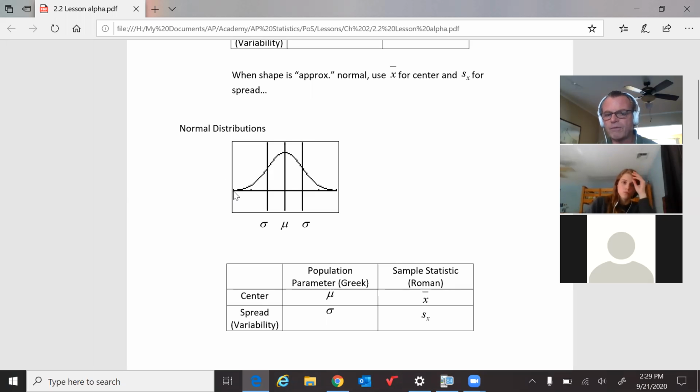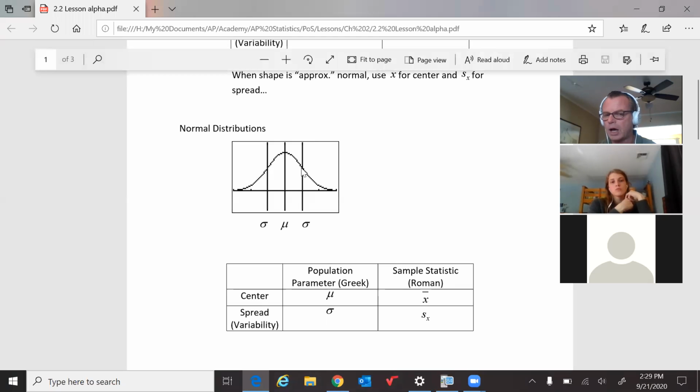If I go from the left, this curve is opening up, and when you get to this vertical line, it begins to open down. The concavity changes. It's opening down till you get to this vertical line, and it begins to open up again. So whatever the magnitude is that takes me to this inflection point, that's the magnitude of the spread, of the standard deviation.